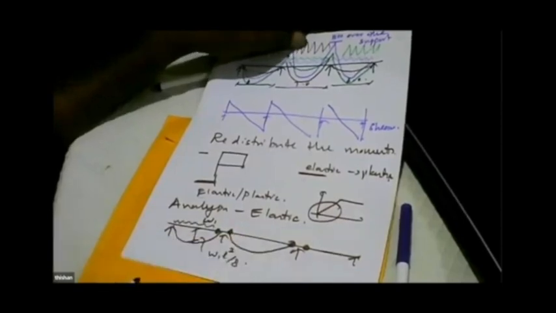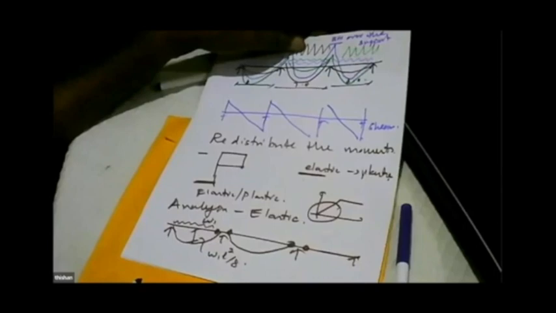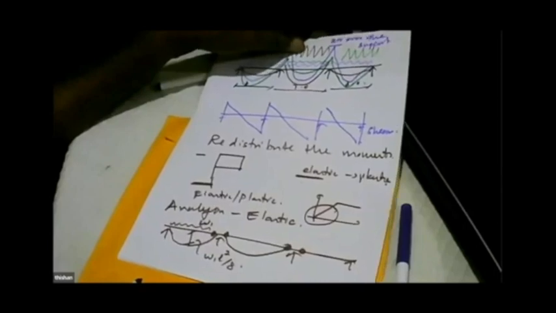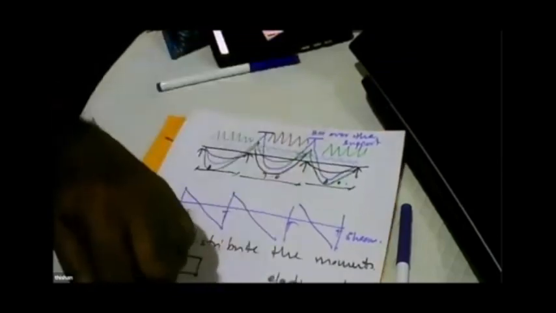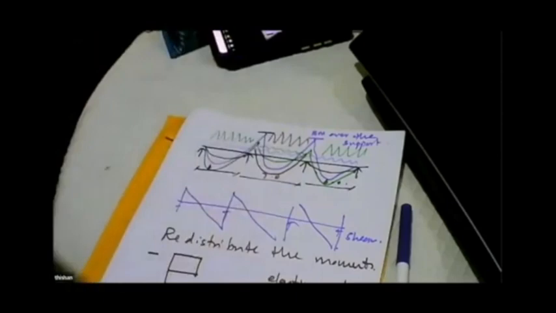Any extra load. Until the plastic hinges are formed, it's like an elastic. Once the plastic hinges are formed, it will behave like this. So the British code allowed it, BS code allowed, Eurocode allows.